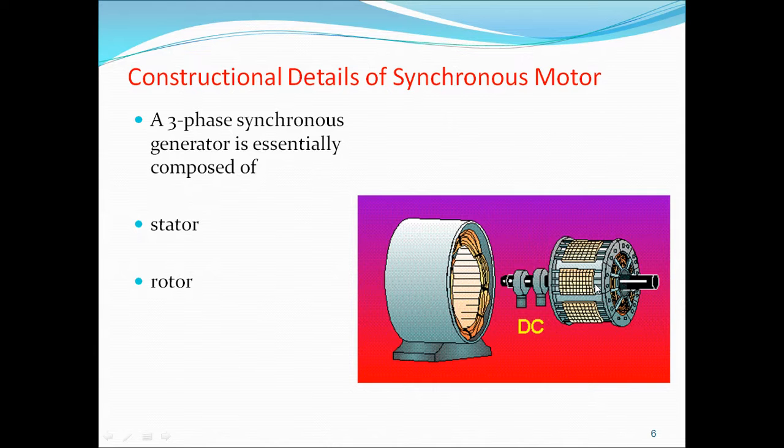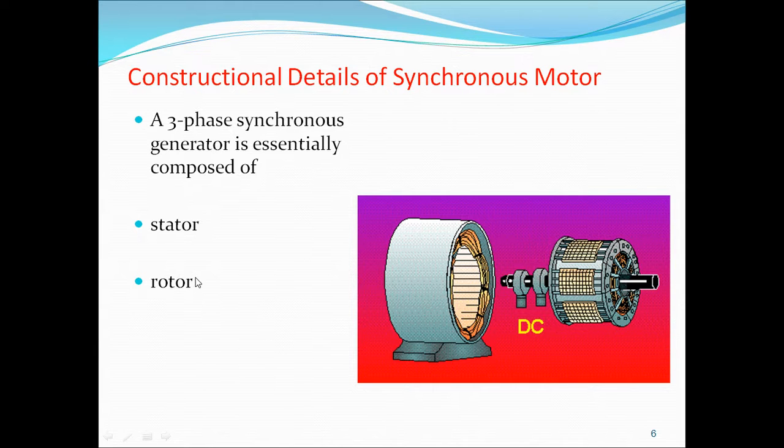The part which is rotating in a motor is called the rotor, and the part which is stationary is called the stator. So this is the stator, this is the rotor. If it goes inside and starts rotating, the outer part of the stator is constant. The part which is stationary is called stator.